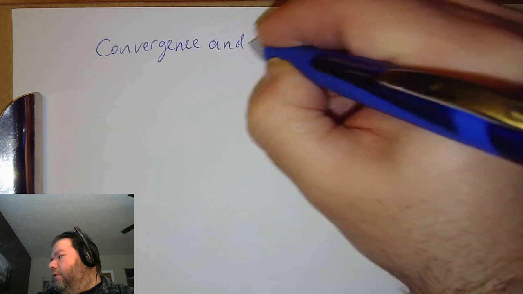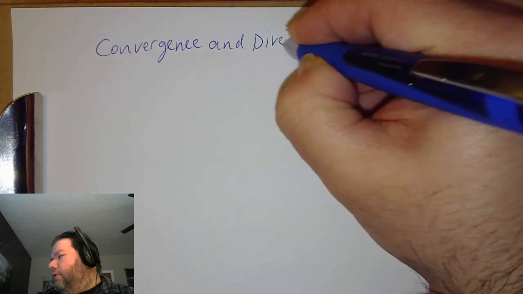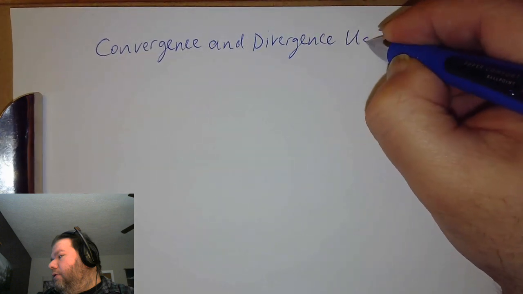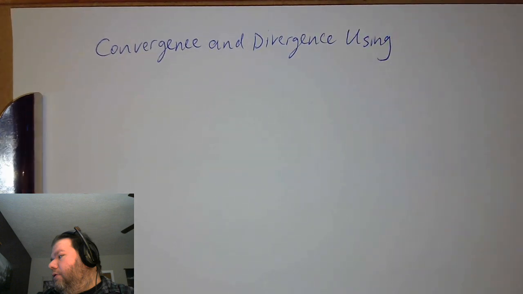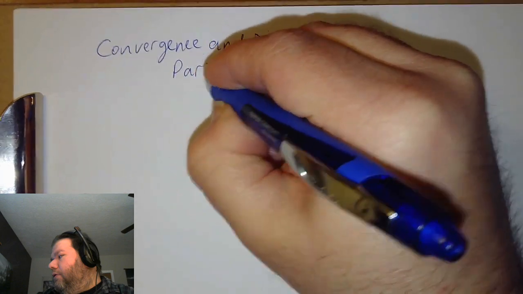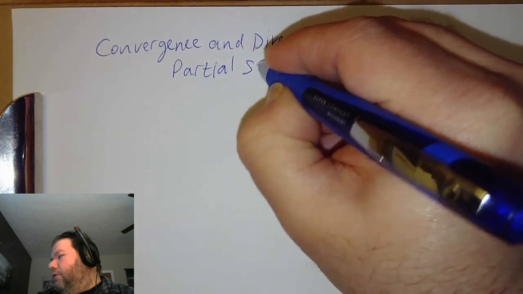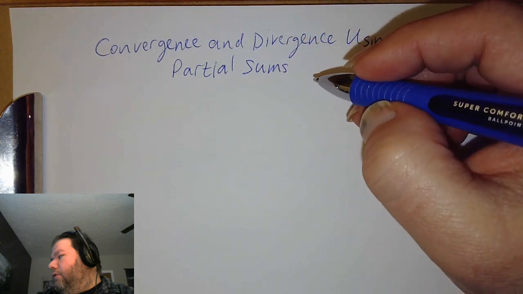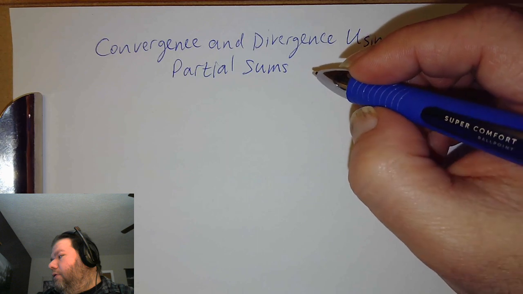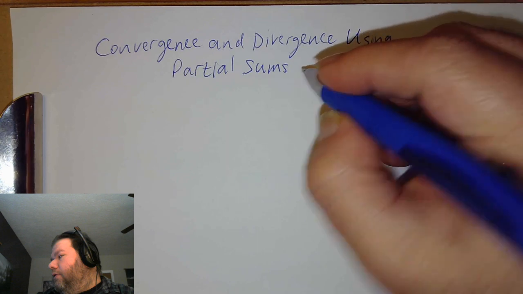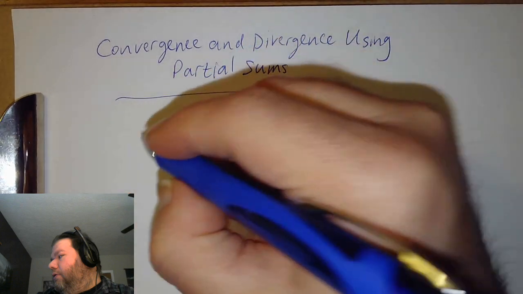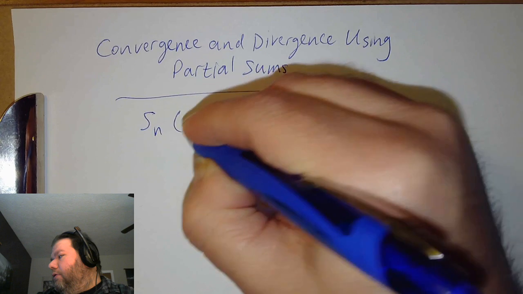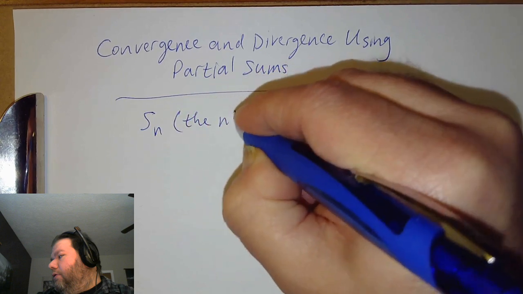Now we're looking at convergence and divergence using partial sums. So we define S_n, the nth partial sum.